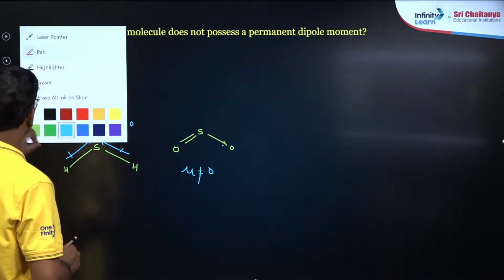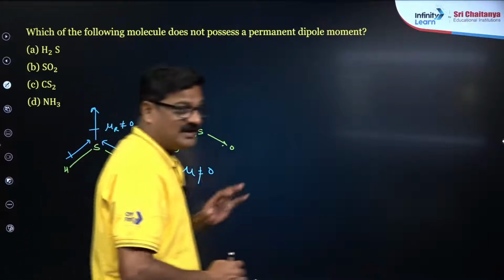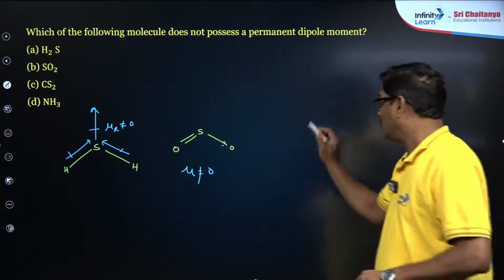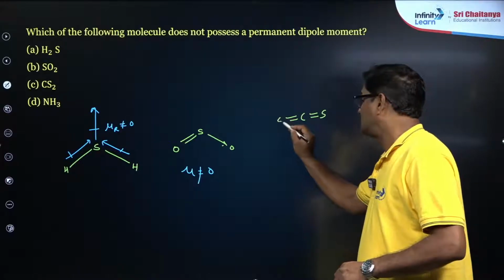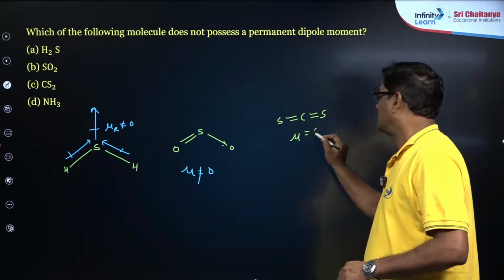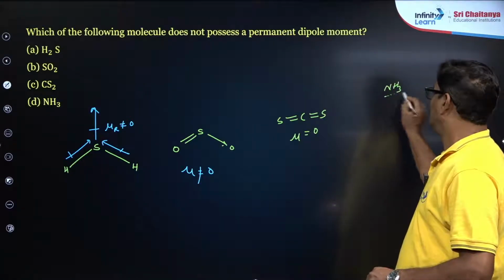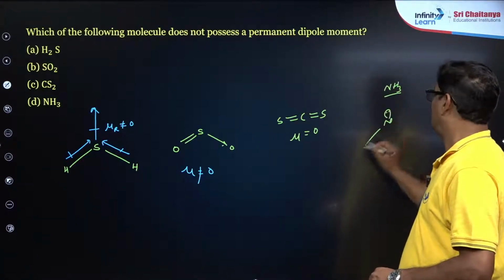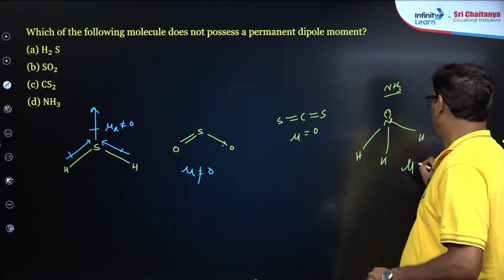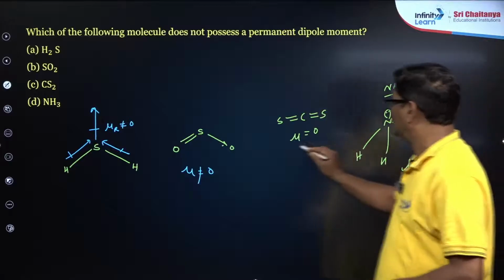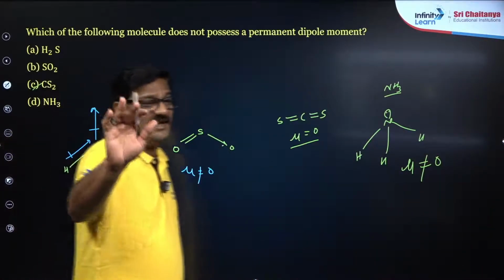Whereas CS2 is very simple, it is a linear molecule, carbon double bond S, carbon double bond S, and the resultant dipole moment is going to be 0. And NH3 has nitrogen with a lone pair of electrons, it is pyramidal in shape. Everybody knows its dipole moment is not equal to 0. So the answer, which does not possess a dipole moment, is going to be CS2.